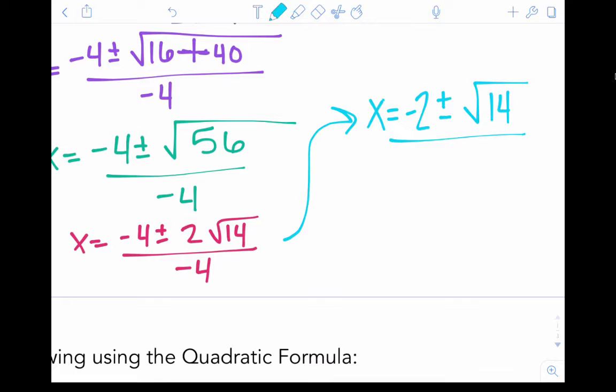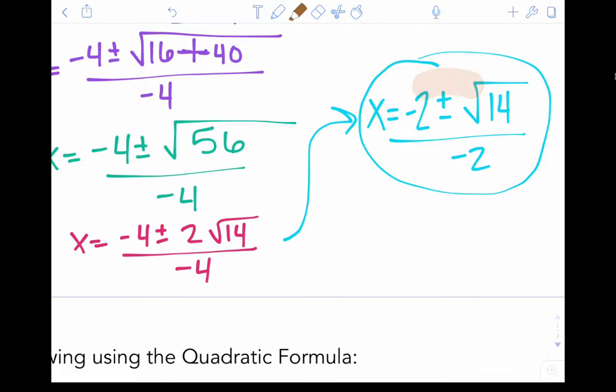And then if I take out a 2 from negative 4, I'm left with negative 2. This is as simplified as I can get because I cannot simplify my triangle and I cannot simplify my square root. And so this is as far as I'm going to go, and this is going to be my final answer. Now, since it is a plus or minus, that gives me two different answers to this, which works because this is a 2 term, and my highest exponent is 2.